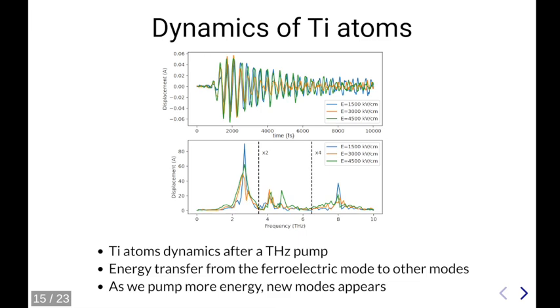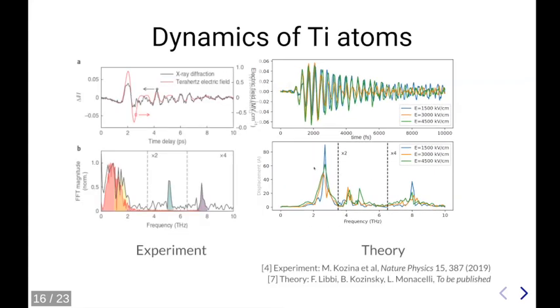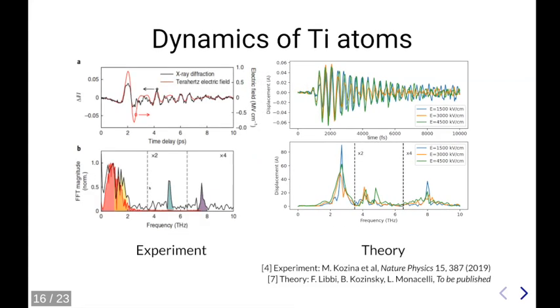And if we do the Fourier transform of this curve, we get that not only do we excite the soft ferroelectric mode, which is the one in resonance with the pump, but we have the appearance of other peaks, exactly like was observed in the experiment. And if we compare with the previous experimental figure that I showed you, you can see that it's very similar.